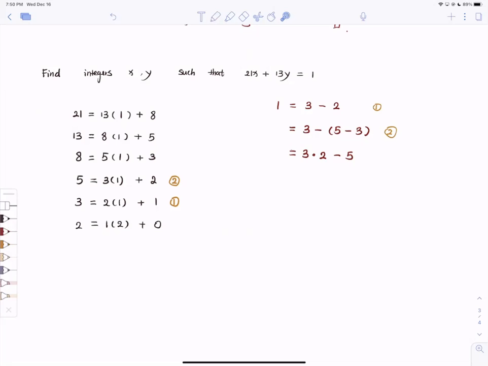Now, we're not there yet. We need 21 and 13. So we have 5 here, and we have 3 here. So we can write 3 as 8 minus 5. So this is step 3.